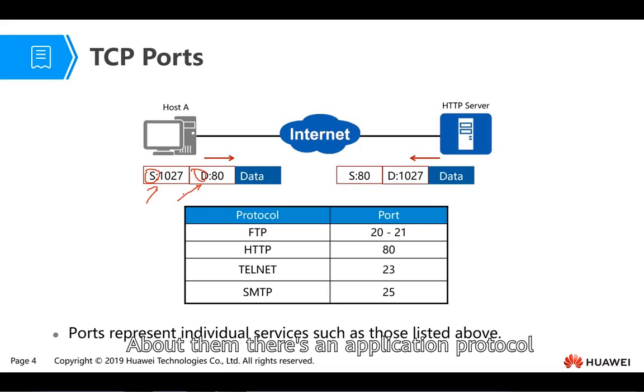One transport layer protocol can support many application layer protocols. Then, how do we identify each application protocol? We use the port number. Usually, we use the destination port to identify which application this packet should be sent to.